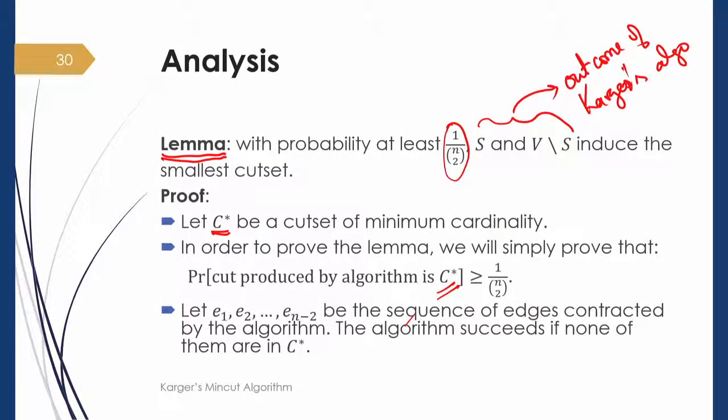Of course, if that were not the case, meaning if E1 through En minus 2 were not part of C star, but you were left with something other than C star, then C star cannot be the minimum cut. So, this is going to be the criterion for success of our algorithm. So, none of the edges that we picked are in the cut set C star.